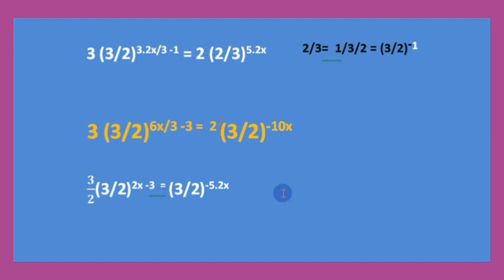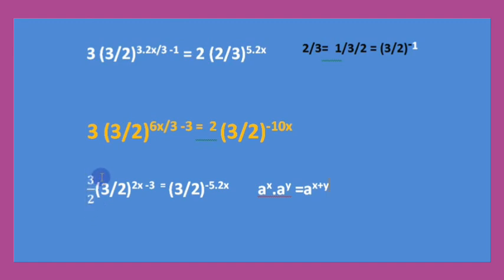Now, you know that for two numbers, for example, a to the power of x times a to the power of y, this is the same as a to the power of x plus y.